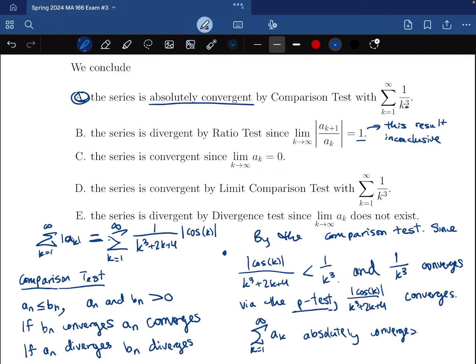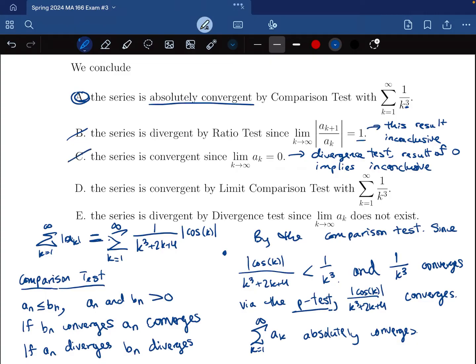C says the series is convergent since the limit of ak as k approaches infinity is equal to 0. This is actually the statement that we use for the divergence test, and a result of 0 implies inconclusive as well. It does not imply convergence. So that's why C is wrong.